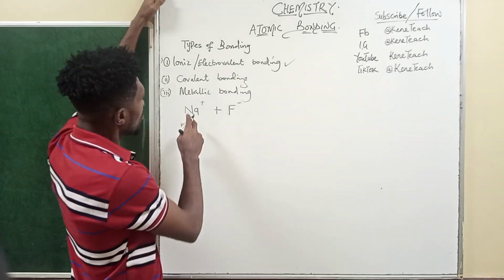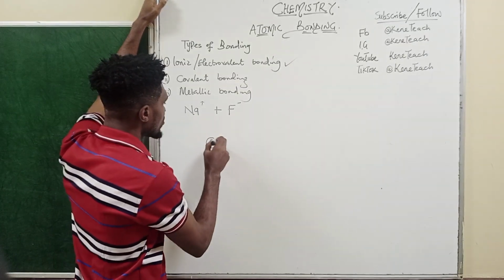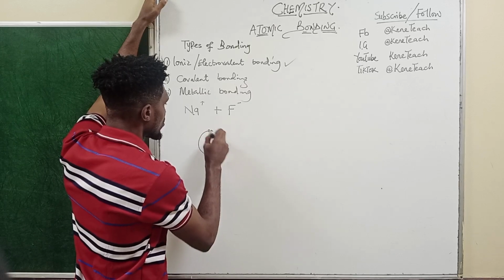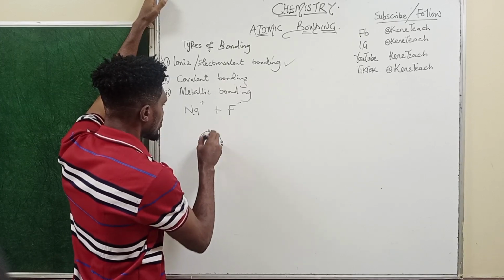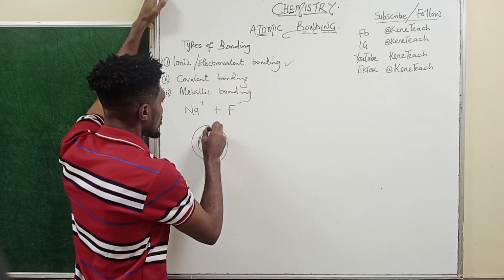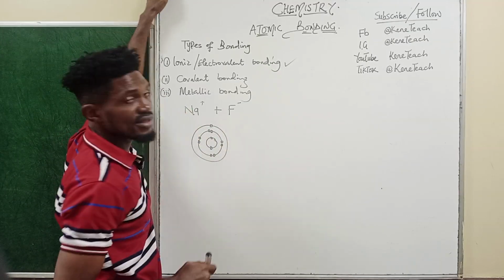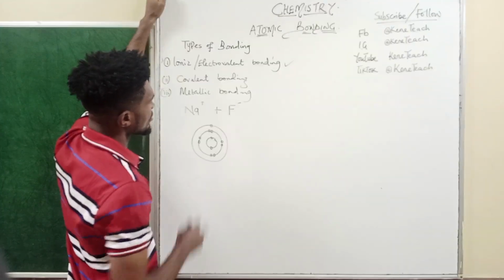So I'm going to draw the electronic configuration of sodium now. This is the electronic configuration of sodium. Sodium has 11 electrons. So this is 11.